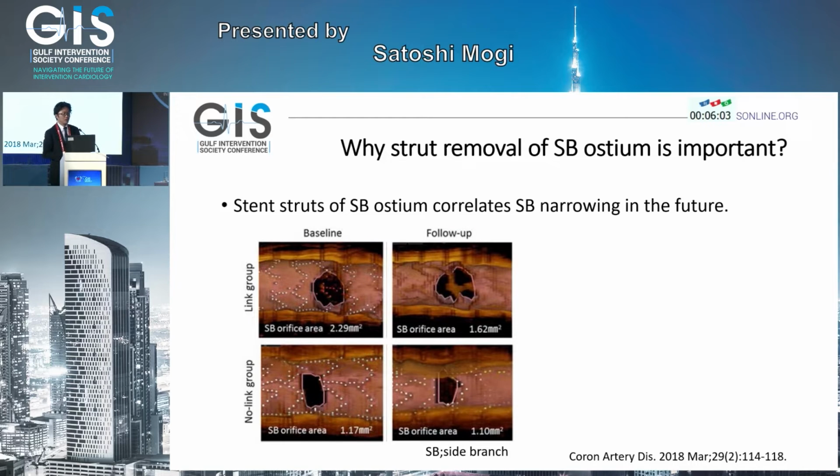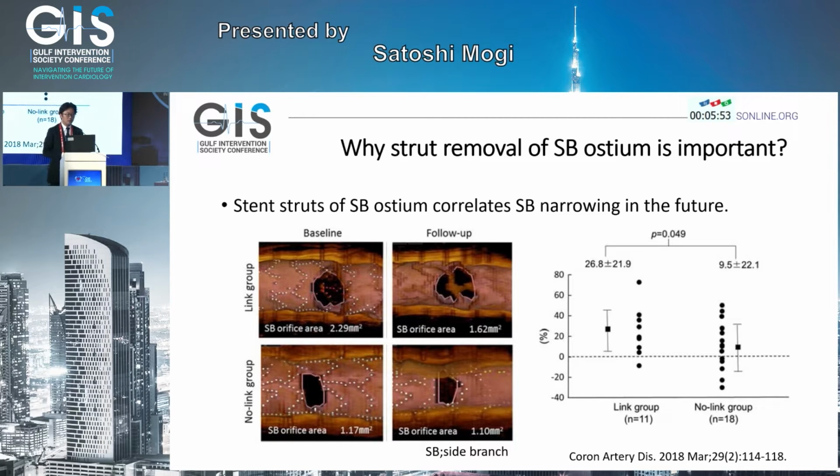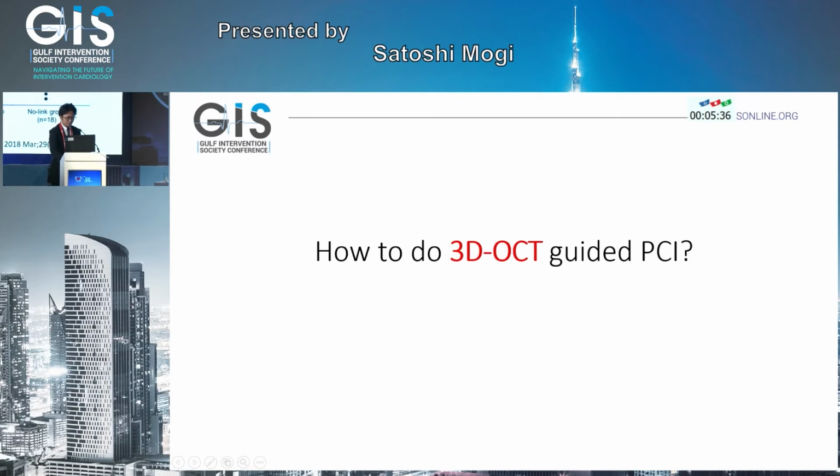In the future, intimal hyperplasia occurs at the side branch ostium. So in the upper group there is more stenosis, and in this group, no stenosis. So we aim for this type of PCI.